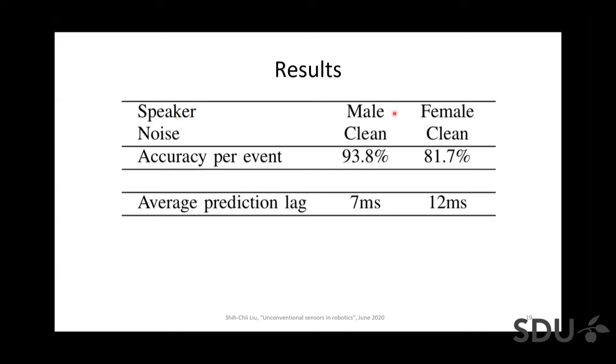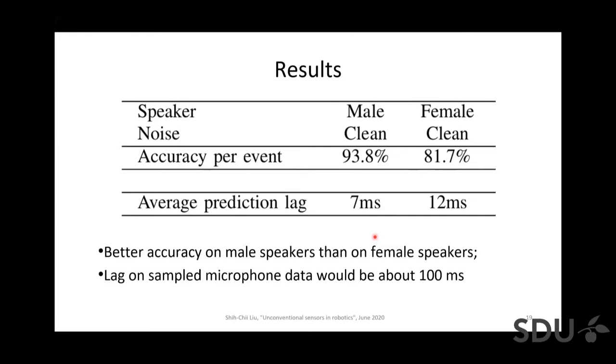For the two cases here, the male and the female in a clean environment, the accuracy per event was 93.8% for the male and 81.7% for the female. But the nice thing is that the average prediction lag, so the time that you need to estimate the position from an event, is about 7 milliseconds for the male and 12 for the female.